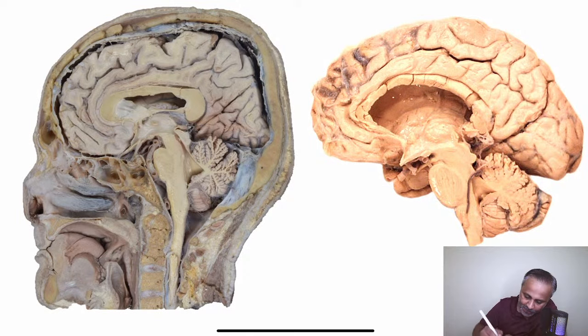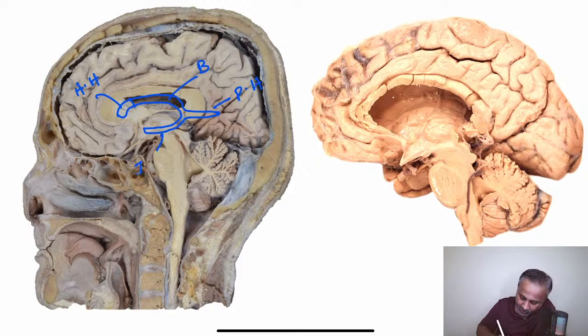If we draw the outline, this is the anterior horn, this is the body, this is the posterior horn, and this is the inferior horn, which is there in the temporal lobe.